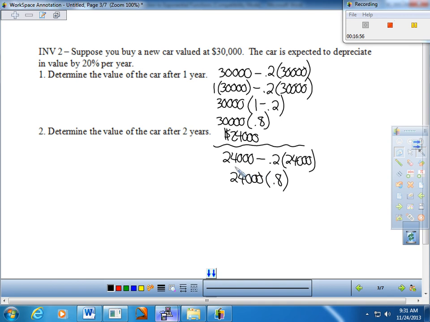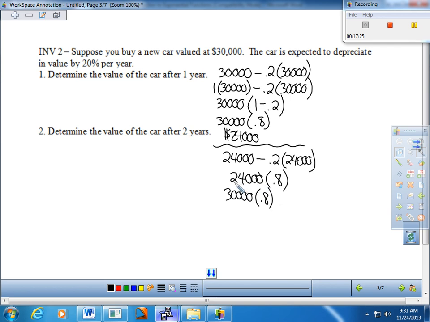Now again, I don't really want to come at it from the 24,000 value. What I want to do is come at it from the $30,000 value. So let's see if we can tweak this a little bit right here and say, where did that $24,000 come from? Well, it came from this right here, of course. The way I got 24,000 was by taking 30,000, multiplying it by 0.8.